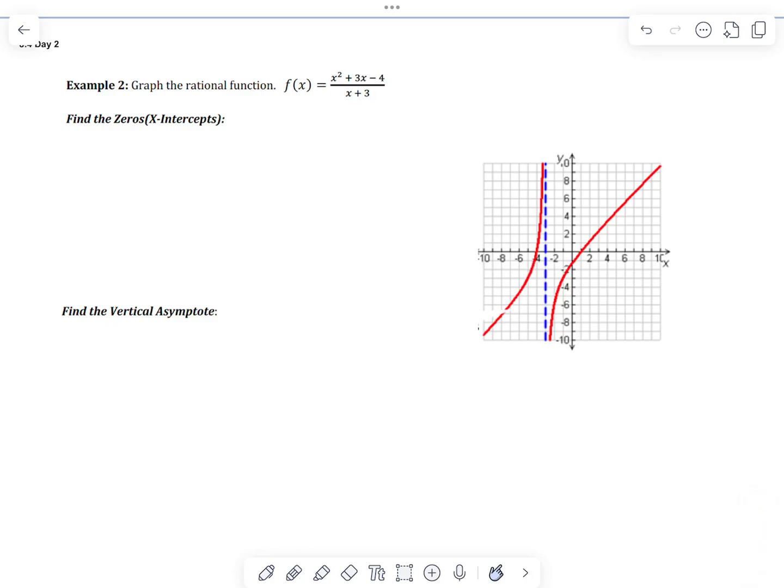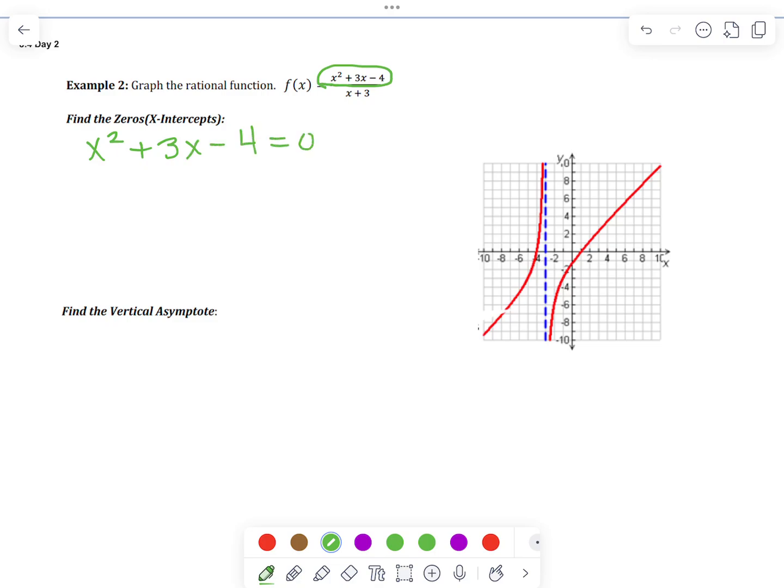So here's a second example. So we first want to find the zeros of the numerator. What's different about this problem is it's not in factored form, so we do have to factor it.